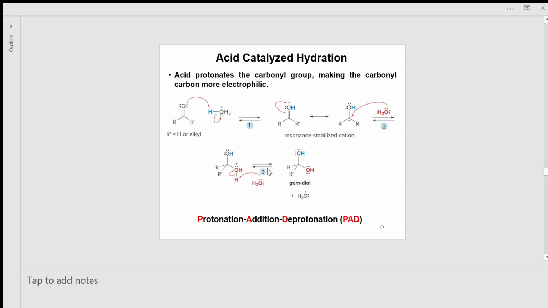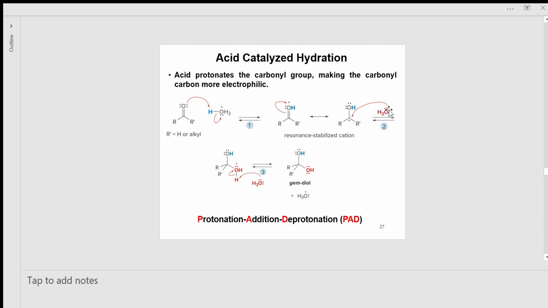The acid mechanism of the hydration of ketones or aldehydes is slightly complicated, but I think you can understand the whole process. Normally, if you have a carbonyl group and an acid catalyst, the first step is very natural. It's just a protonation of this carbonyl oxygen, which has two lone pairs, to form a carbocation actually. The next step, the carbocation has to figure out a way to neutralize this charge.